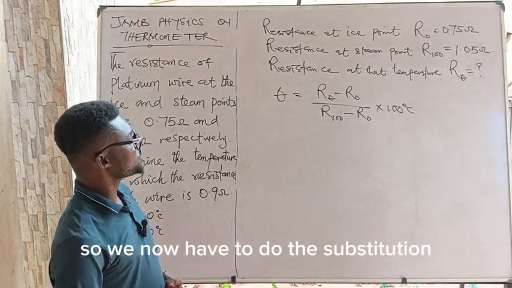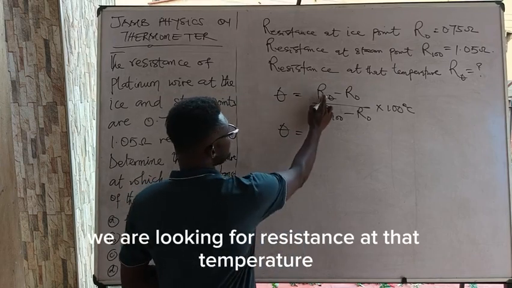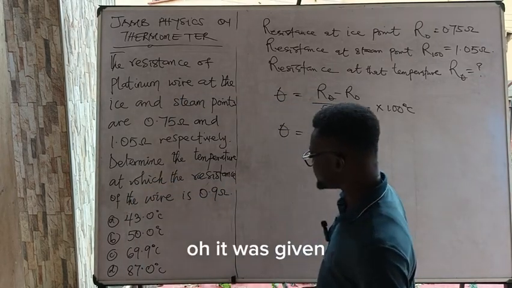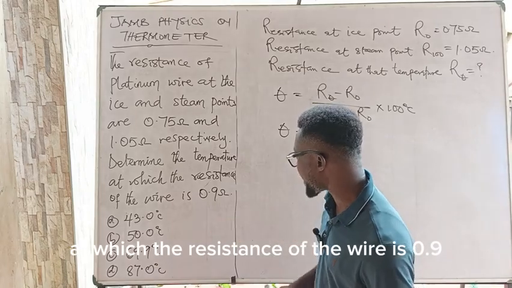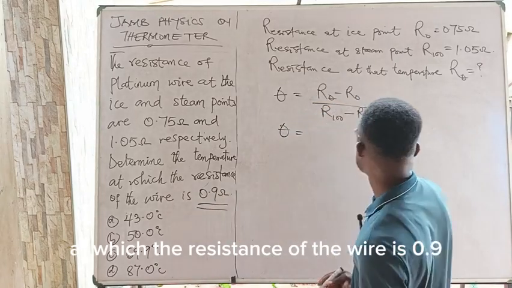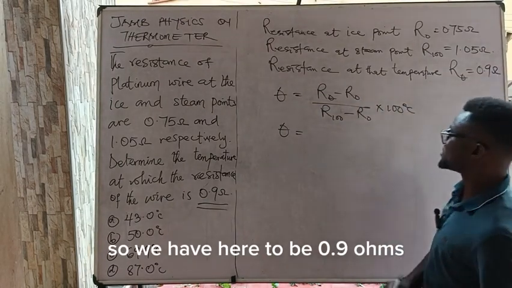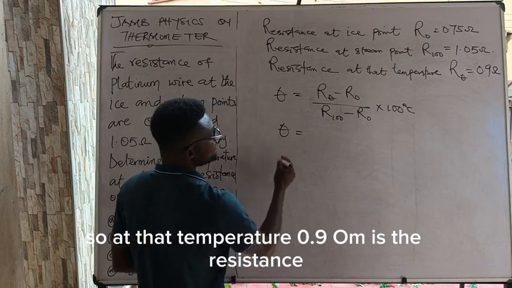So we now have to do the substitution. The resistance at that temperature was given. Determine the temperature at which the resistance of the wire is 0.9. So we have here 0.9 ohms. So at that temperature, 0.9 ohm is the resistance.